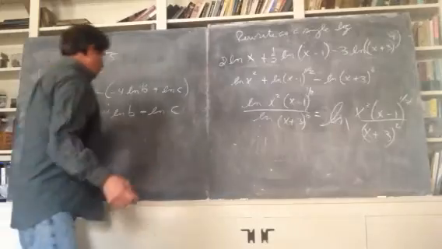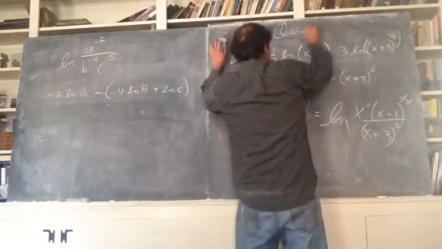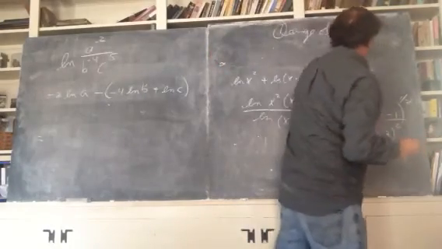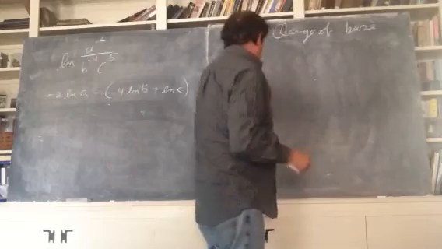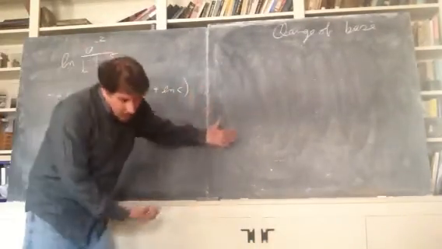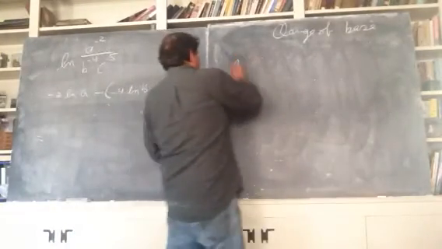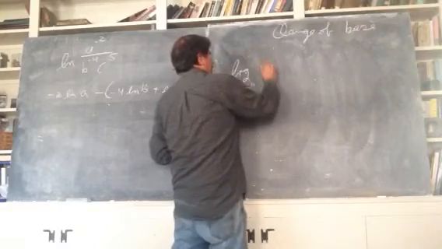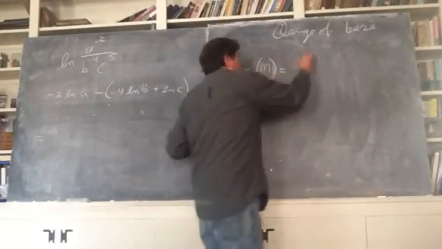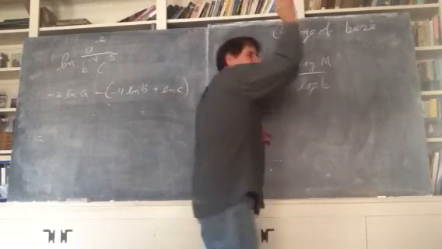One more thing is the change of base formula. The formula is really very simple. It's kind of an aside, because you're not going to do this much. Log base b of m is log of m in some other base, whatever base you want.